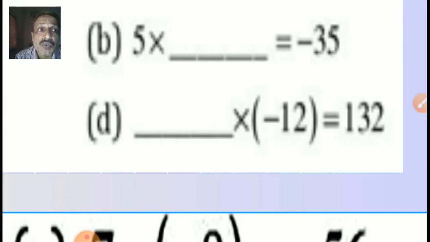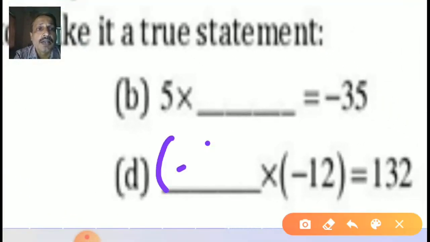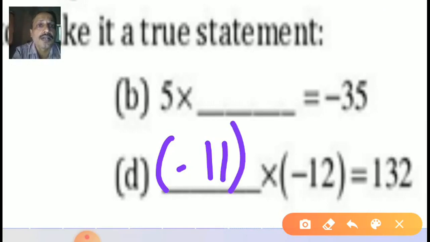Yes, 132. But here the answer is positive, so our left side answer is negative. Yes, minus 11 should be negative. Then and only then the answer is 132. Or you can say minus 11 multiplied by minus 12 gives us 132.